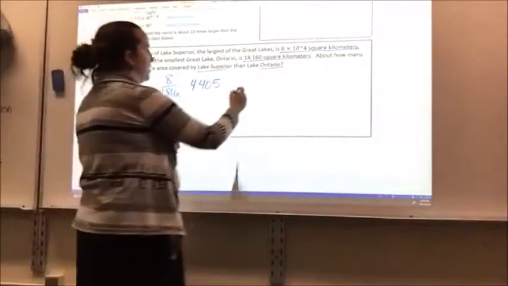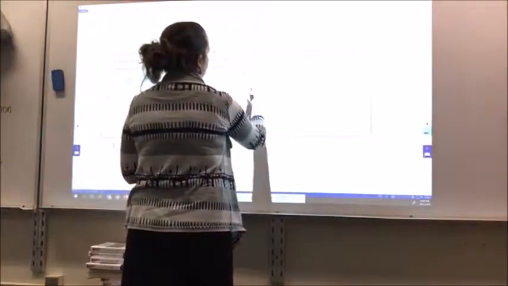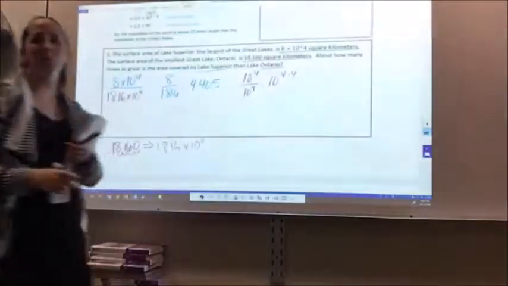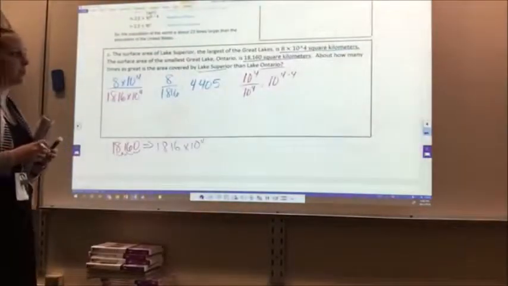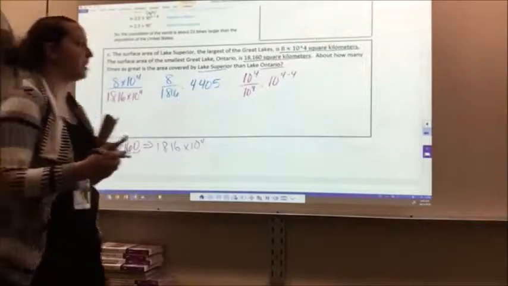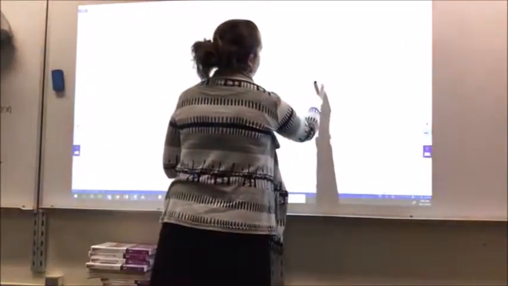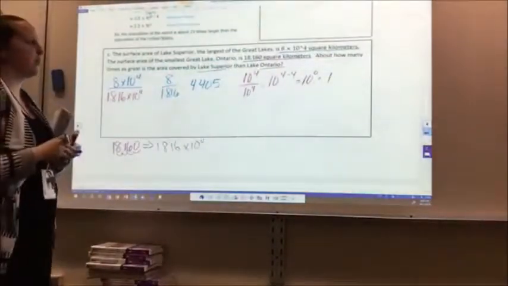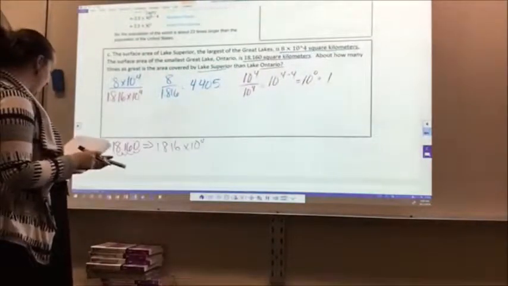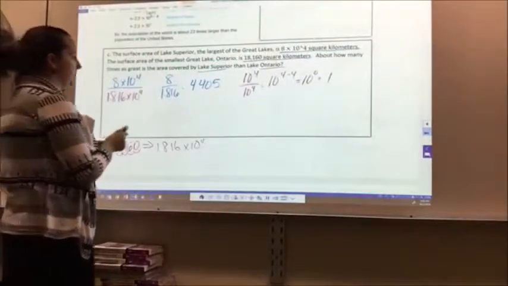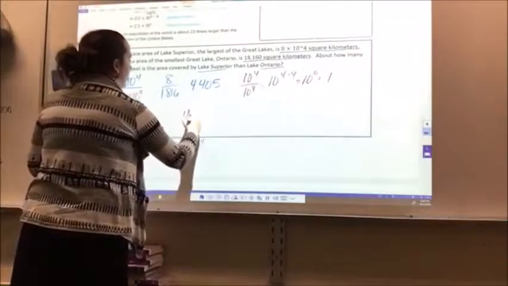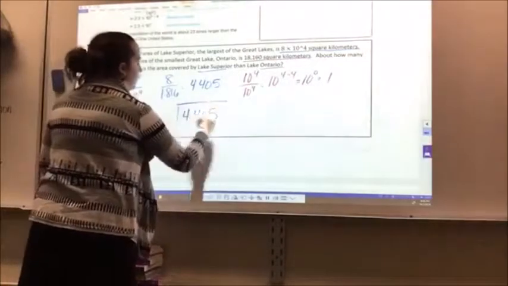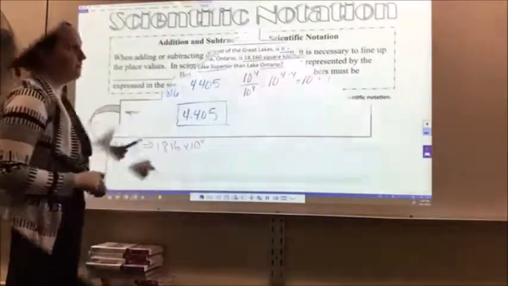So when I divide those, this is really saying 10 to the 4th minus 4, because I can subtract my exponents according to the quotient of powers property. So this is really 10 to the 0 power, which is really just 1, because anything raised to the 0 power is 1. So my final answer is going to be 4.405. So it's 4.405 times as great.